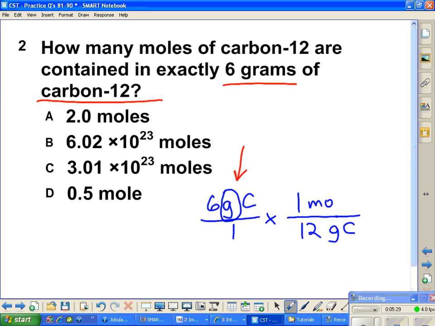That's the ratio of moles to grams for carbon-12. Now I cancel out my grams and wind up with moles, which is what I'm looking for, and moles is just 6, my starting number, divided by 12, the molar mass, and that's going to be 0.5 moles of carbon-12. That's all there is to that one.